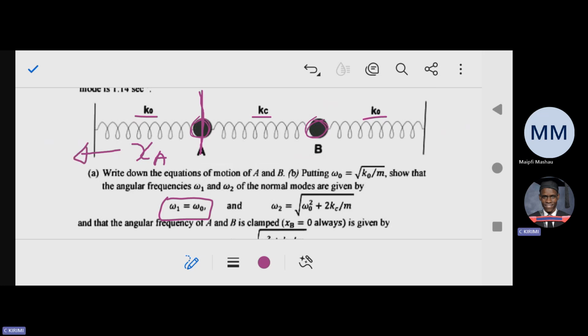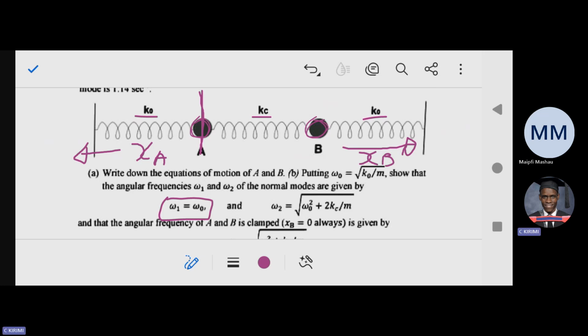Can you see? For xB, you have compressed the spring to move in that direction. So that will be the displacement. It moves in an opposite direction. Isn't it when you are compressing the spring? The only way you can compress the spring k0 using object A is to move it backward.